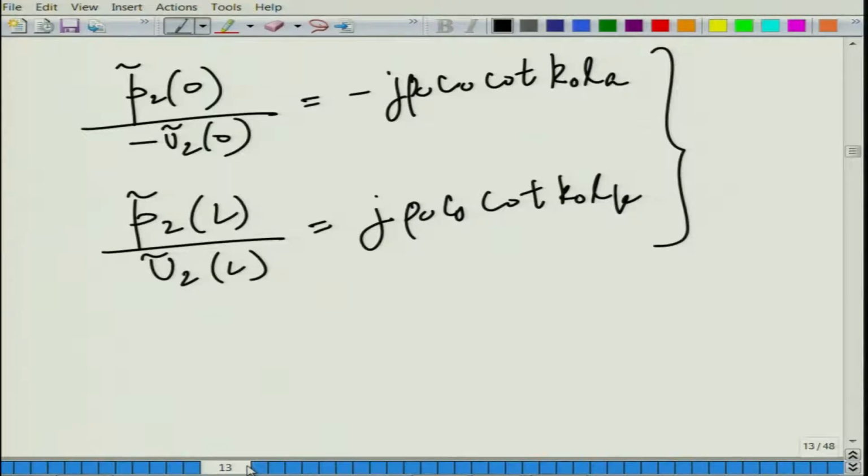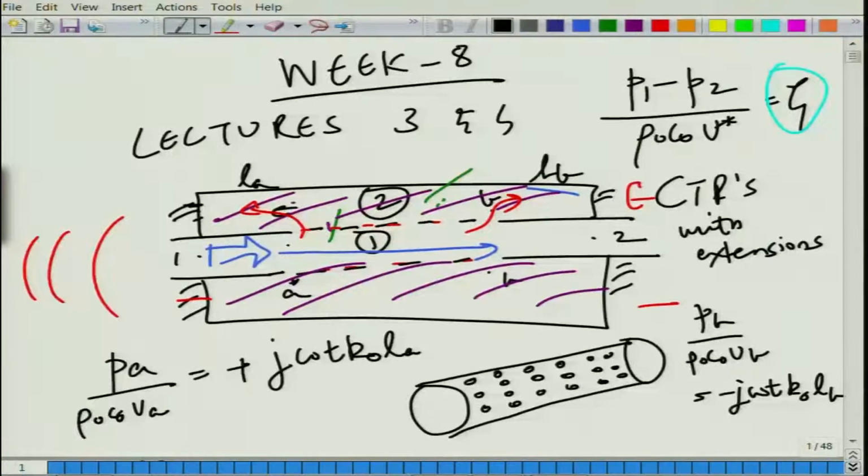But now, once we incorporate these boundary conditions and simplify those equations that we discussed in lecture 3 of this week, what we will get is basically the following transfer matrix between the points. If I call this point 1 and this point 2, just in the pipe just outside the perforate.